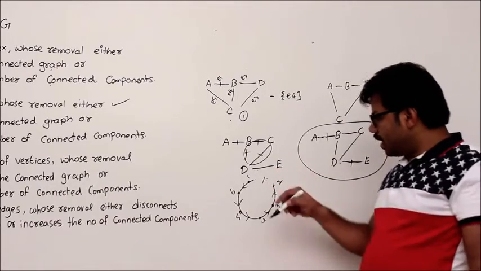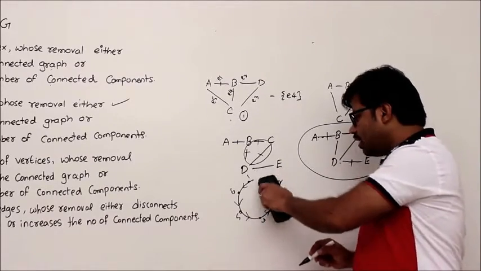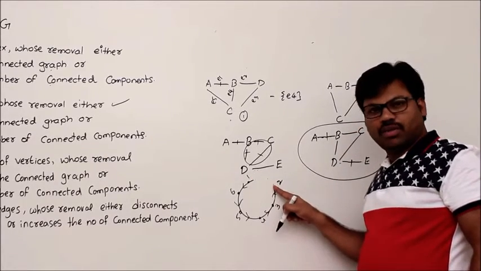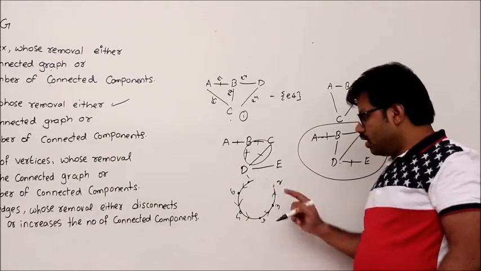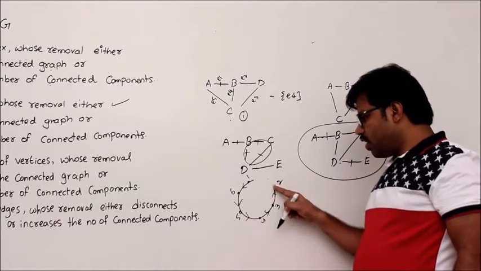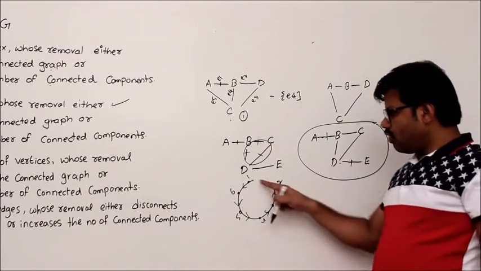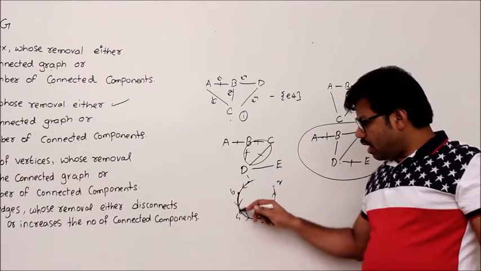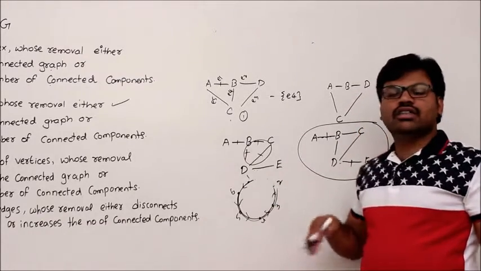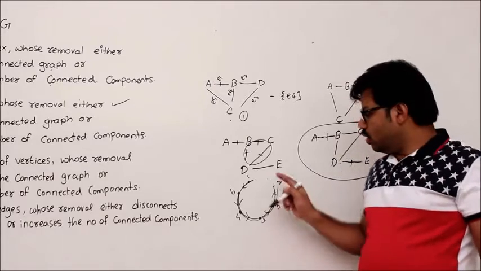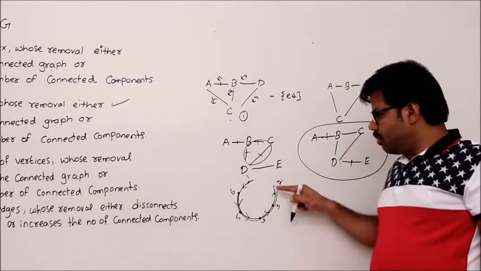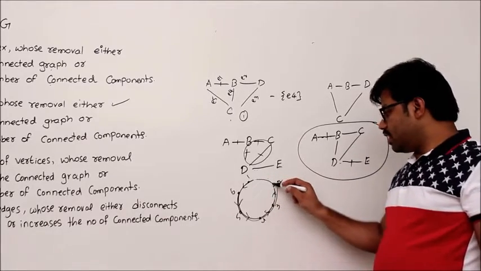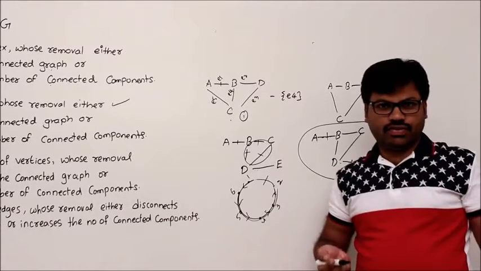So whenever there is a cycle, if you remove any edge, then that can at most disconnect two vertices, 1 comma 2, correct? In this problem you can see that only 1 comma 2 might be disconnected. Since it's a cycle, there will be an alternative direction. If you go through that, still you can reach 2 from 1 or 1 from 2. So what I want to say is, that's why this edge cannot disconnect the graph.